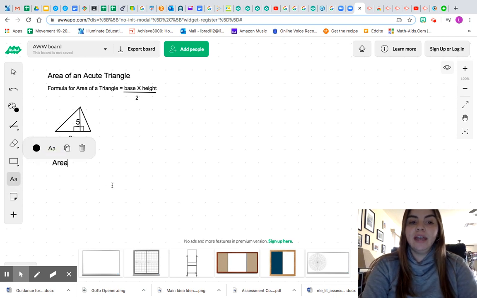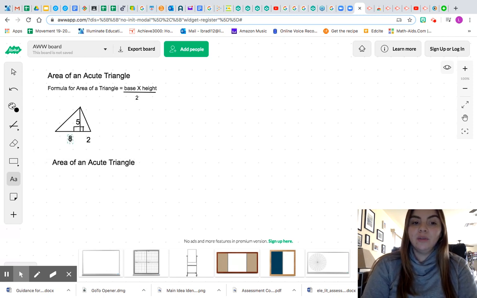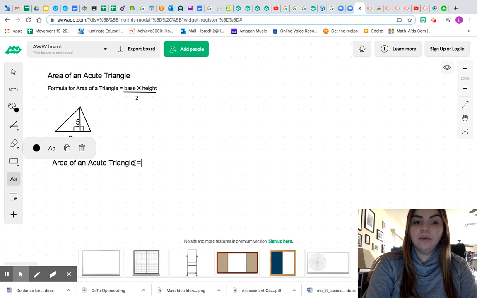So you're going to say area of an acute triangle would be the base, which we know is 8 and 2. So you're going to add these 2 together and you're going to say parentheses 8 plus 2, times the height, which is right here.